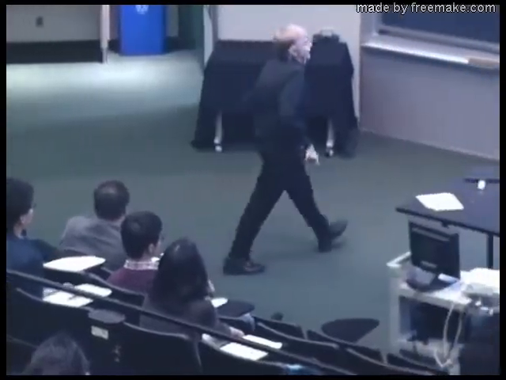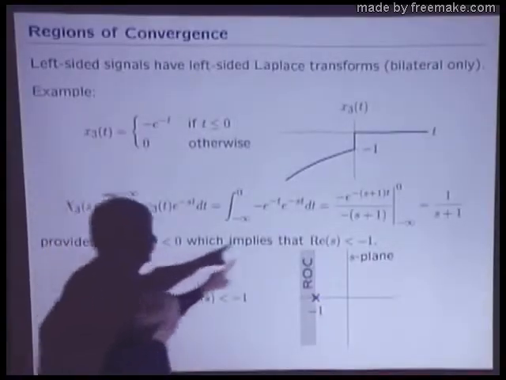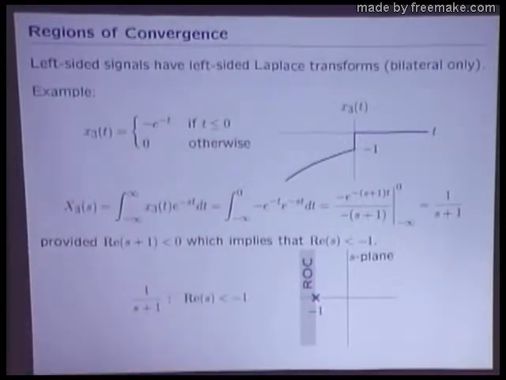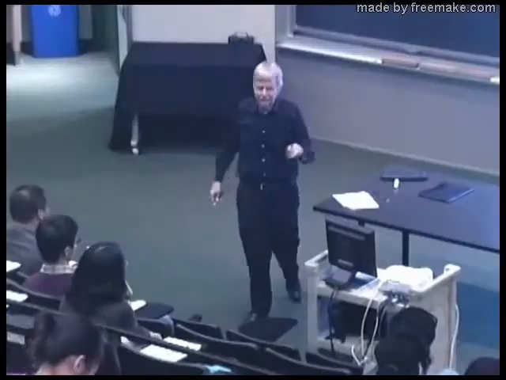So now I get exactly the same functional form, but a region that's on the other side. That's one of the central differences between the bilateral and the unilateral transform. I need to tell you the region of convergence for you to know which of those two functions I'm talking about.